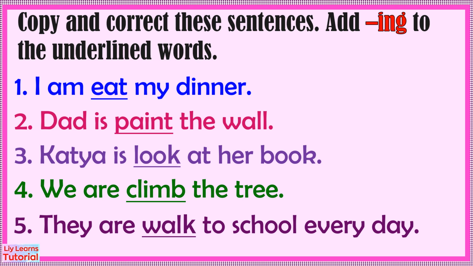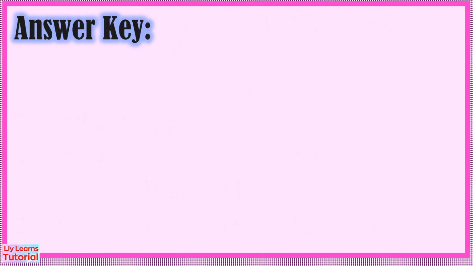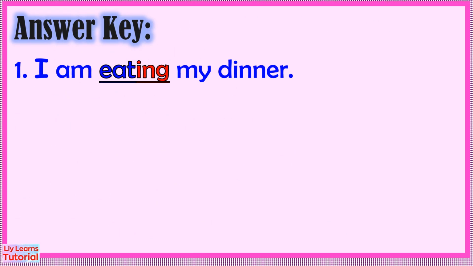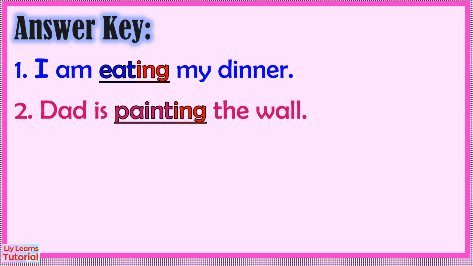Copy and correct these sentences. Add ing to the underlined words. One. I am eating my dinner. 2.